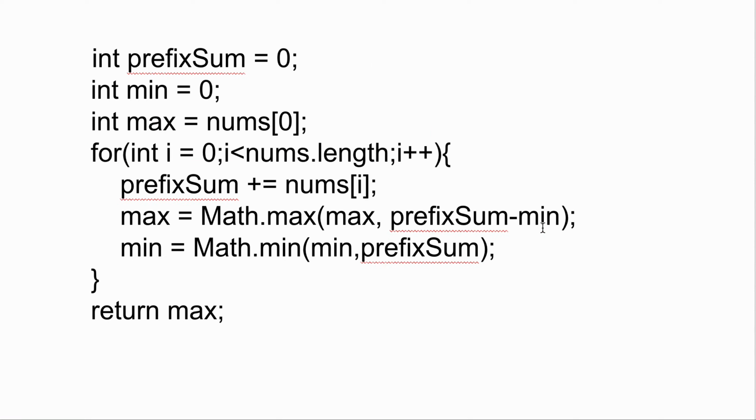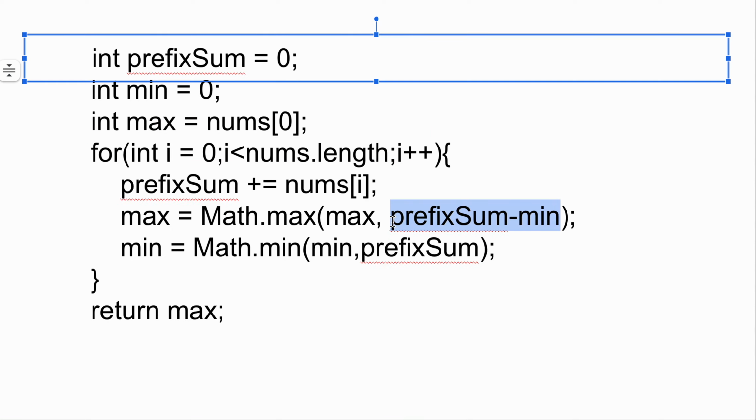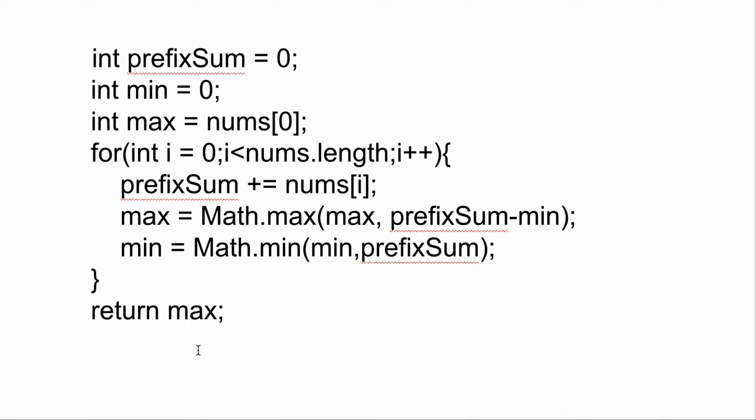So that is what we are doing. If this is greater than the existing maximum, we just update it, and the minimum value also, every step we will just update the minimum value. For example, if there was -5 at this point, from this point the minimum value will change. So that is what we are doing. At the end, we will just return the maximum.